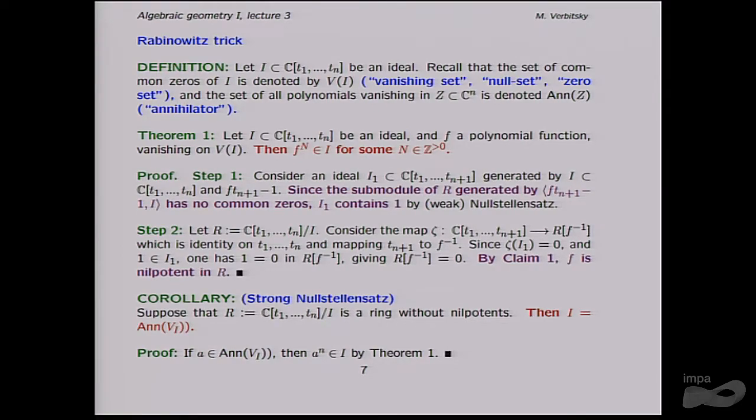So the basic argument is based on localization. So let's start with the trick. Theorem 1. You have an ideal. It can be any ideal inside a polynomial ring.